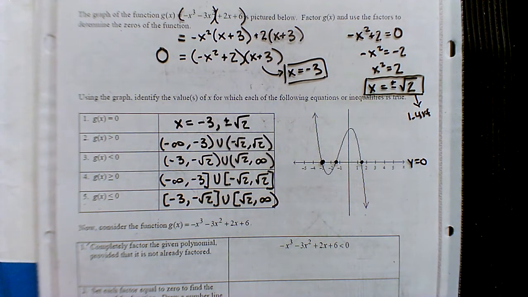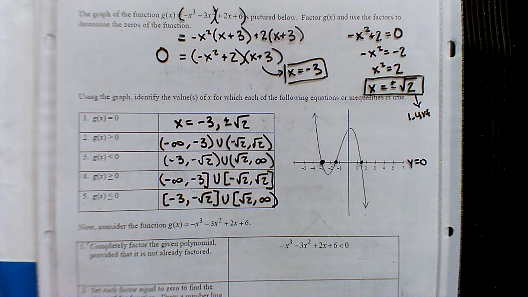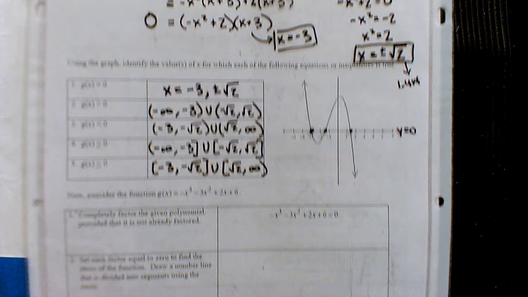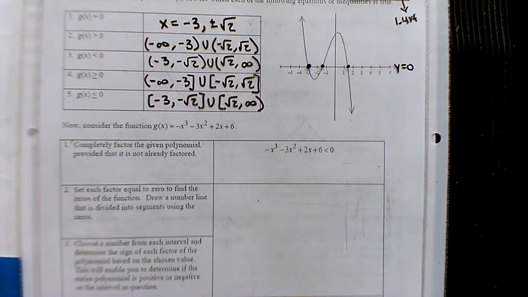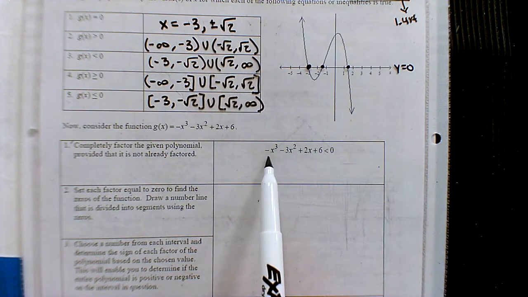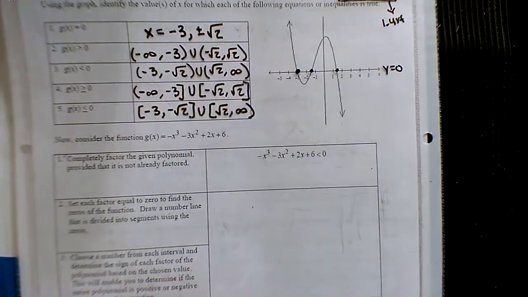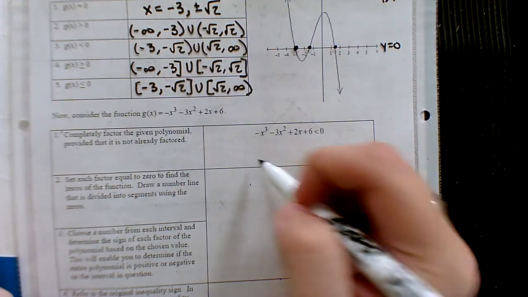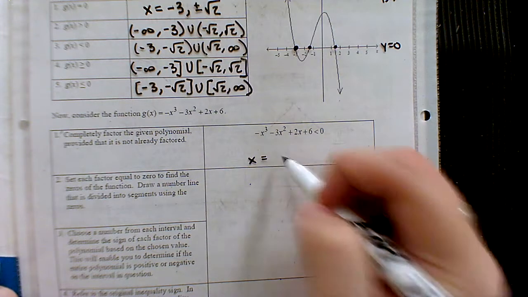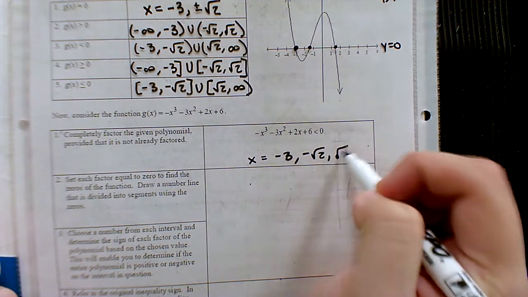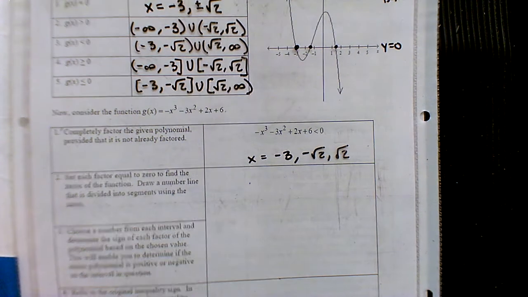Let's see if we can maybe figure out one of these intervals using the sign number line to help us. So let's say we didn't have the graph, okay? We would factor the polynomial, we would set it equal to 0, try to figure out those x-intercepts. Fortunately for us, we already did that. Okay, we had the x solutions of -3, negative square root of 2, and positive square root of 2.